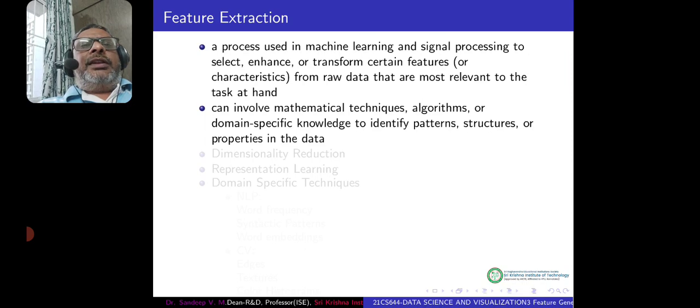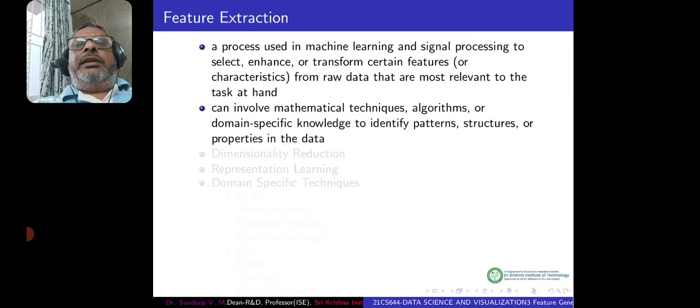This process can involve mathematical techniques, algorithms, or domain specific knowledge to identify patterns, structures, or properties in the data. So when we are working with data, we are actually working with big data that has multiples of parameters and many data points.